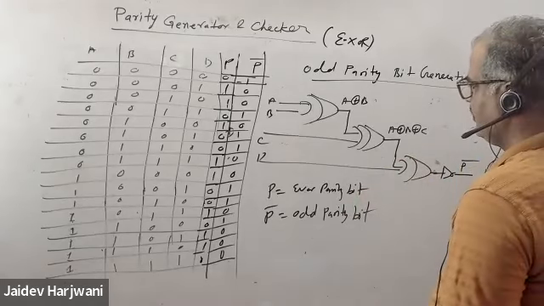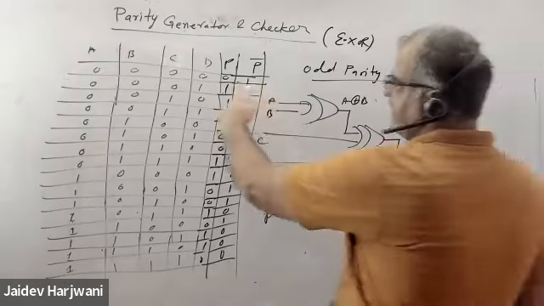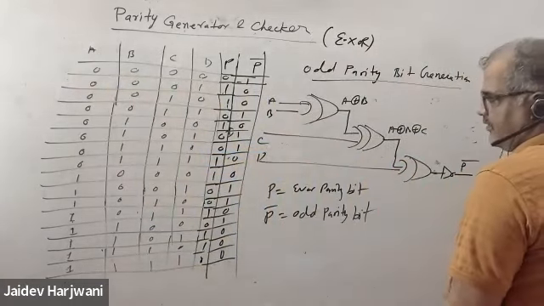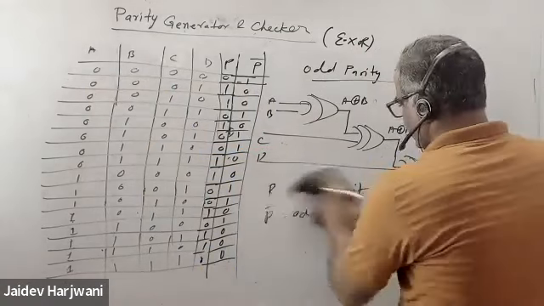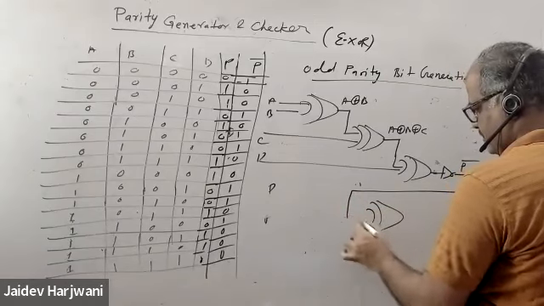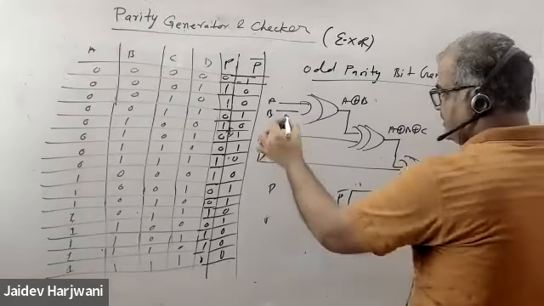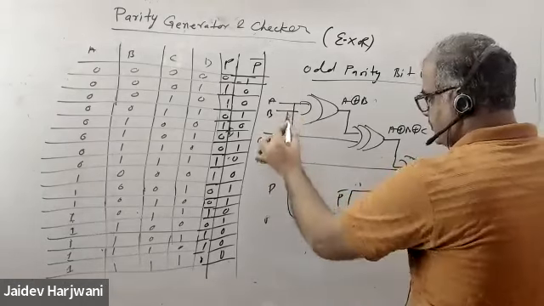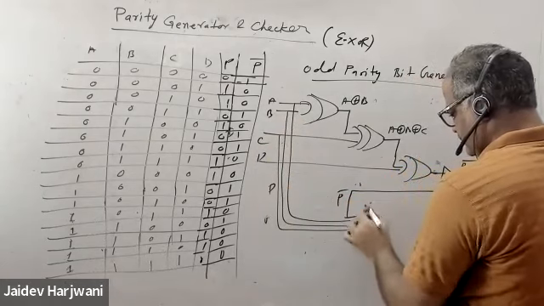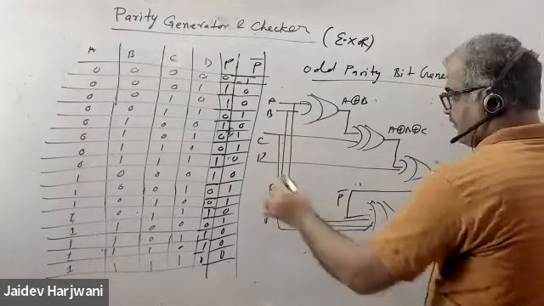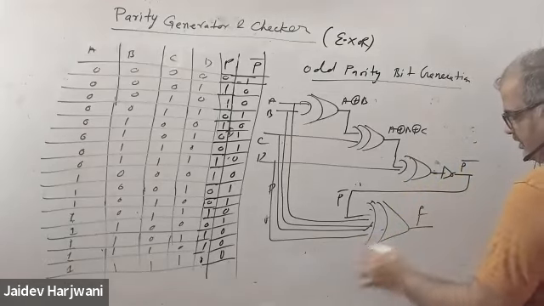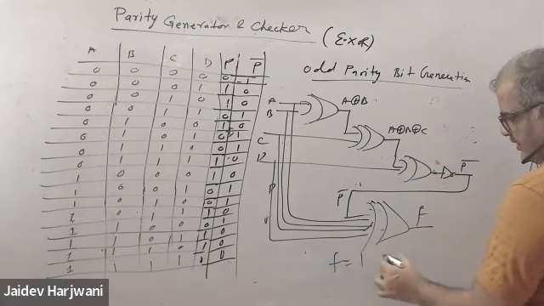Now whenever you combine P bar with this number, these all become your odd parity numbers. So whenever you combine this P bar with A B C D, you get some output F. If output is 1, then there is no error.